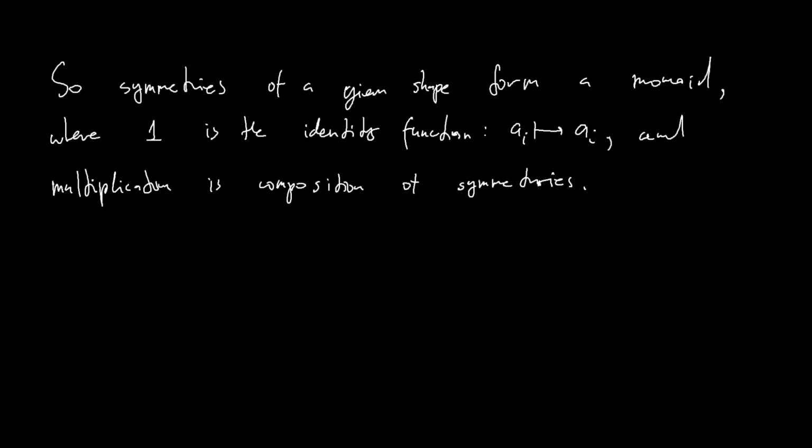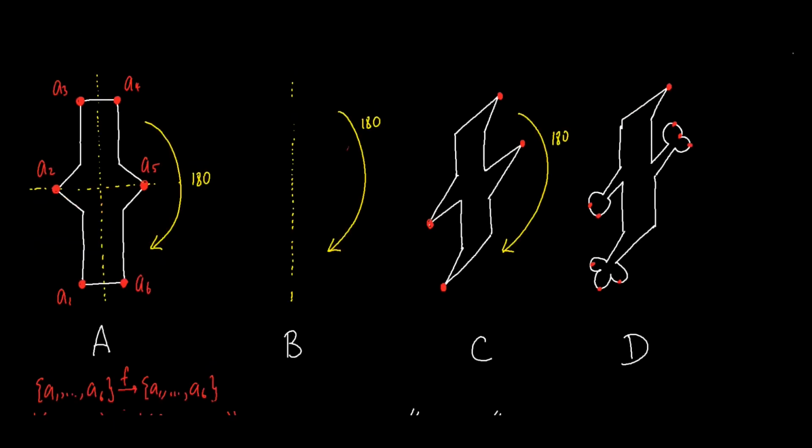But they not only form a monoid, they form something a bit more than just a monoid, because since each of them must be a bijection, we can reverse the process as well. So if I go back to this picture, think of rotation by 180 degrees in this direction, right? That's one symmetry, but it has an opposite, which is rotation by 180 degrees the other way around.